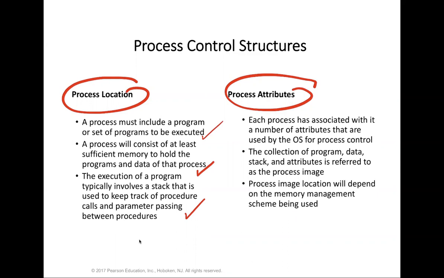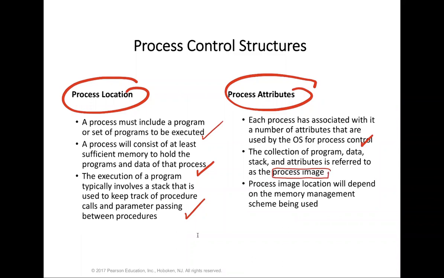Finally, each process has its own associated number of attributes that are used by the operating system for control. So these attributes are the second control structure that we use to provide full control and management to the operating system. And the collection of program, data, stack, and attributes is referred to as the process image.